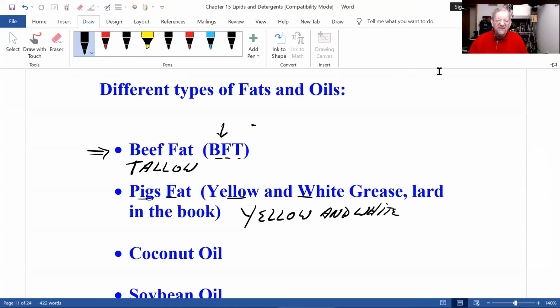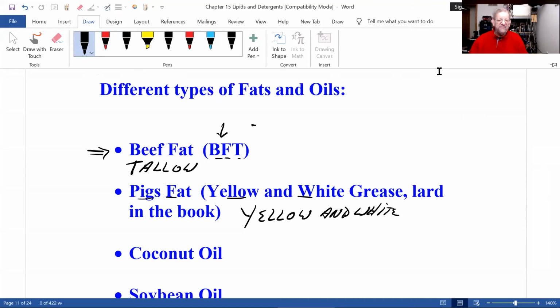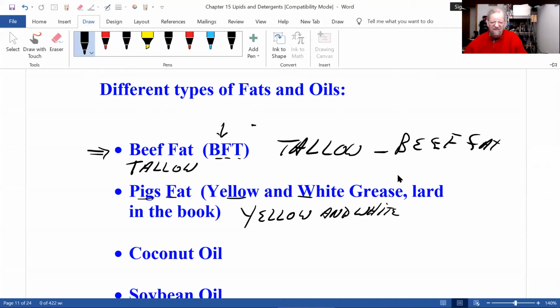Let me just check. Everybody see BFT and beef fat and all that? Okay. Now, these two you should know. If I ask on a test, what is tallow? You should know that's beef fat. If I ask what's white and yellow grease, you should know that's pig's fat.